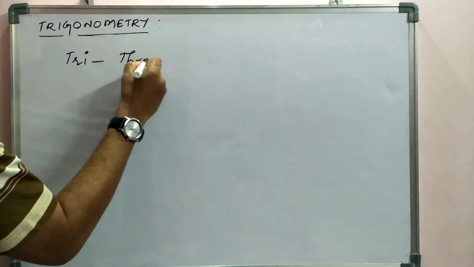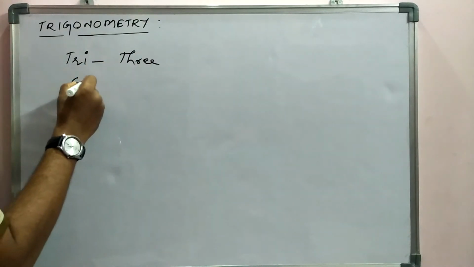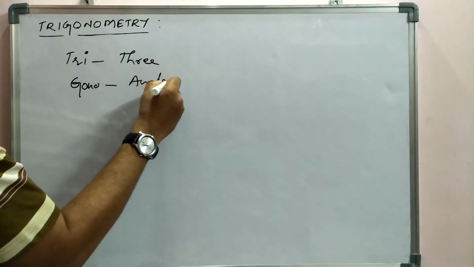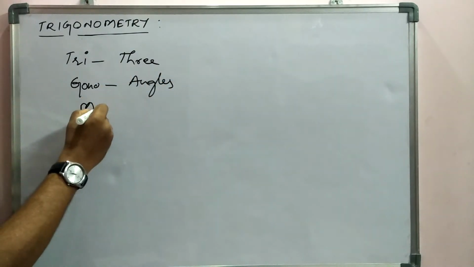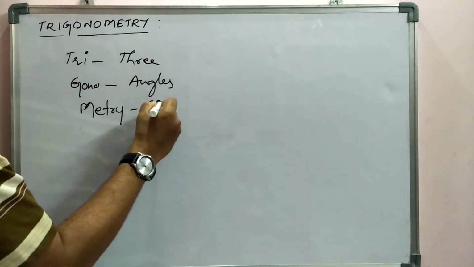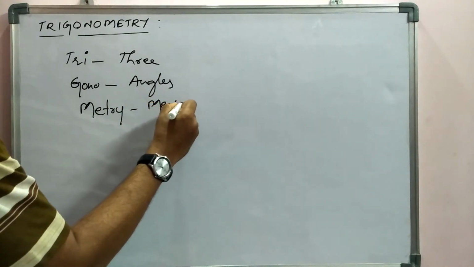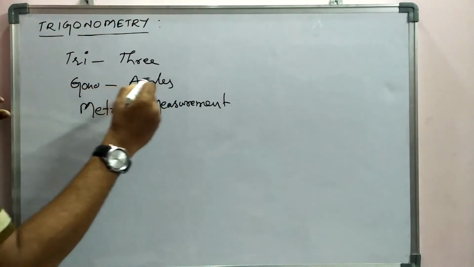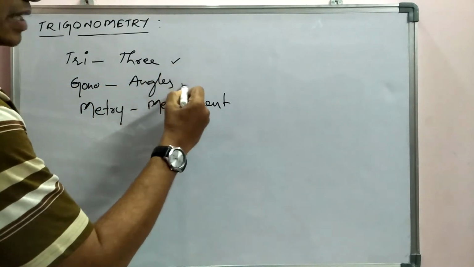Trigo means three, gono means angle, and metry is measurement. So now you see what is trigonometry. It's a measurement of the three angles.